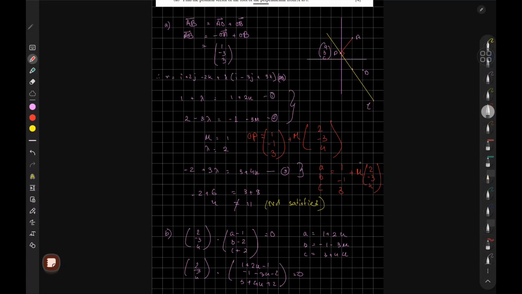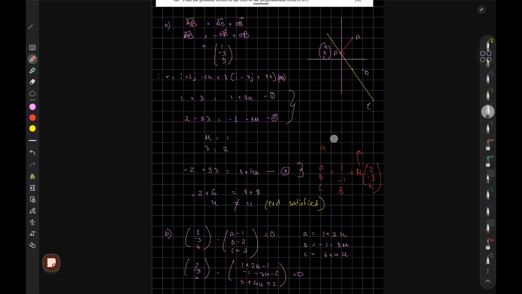For a certain value of mu, you will get the coordinates for OP. You don't know the value of mu at which OP is given, so you keep mu as it is, and you find the x, y and z coordinates of OP in terms of mu, because for a certain value of mu, OP will be given by this equation.